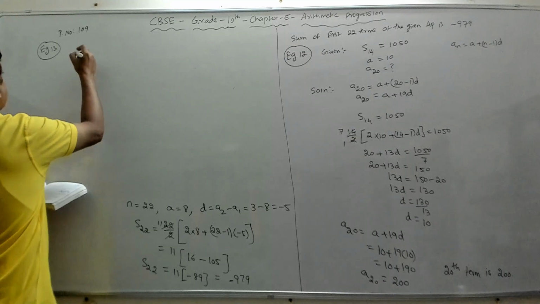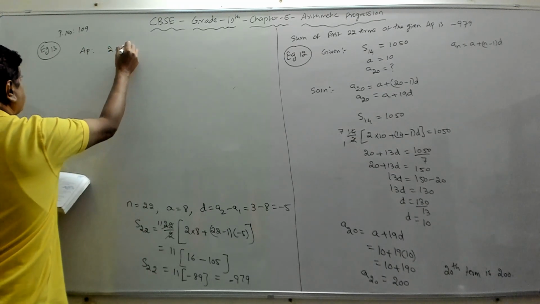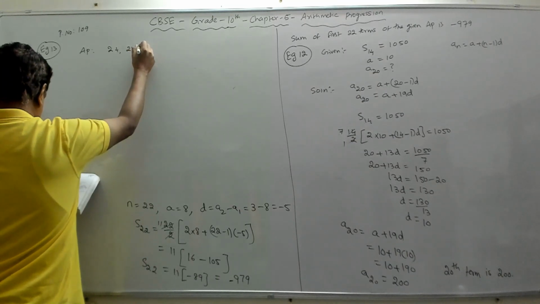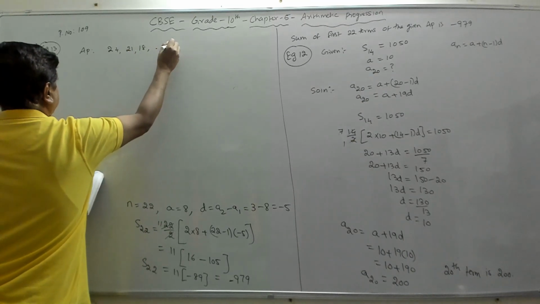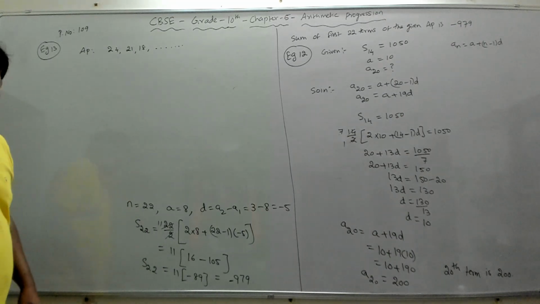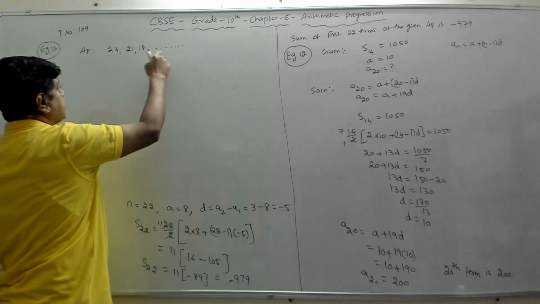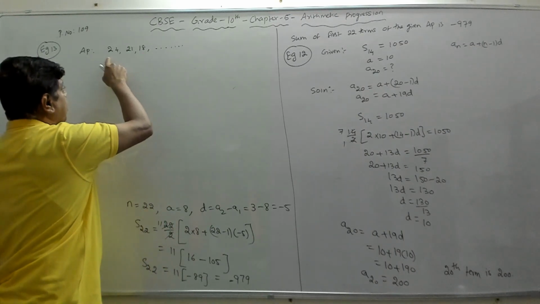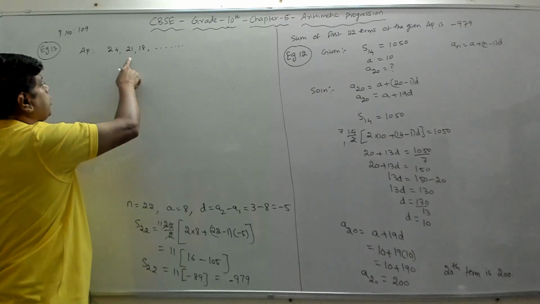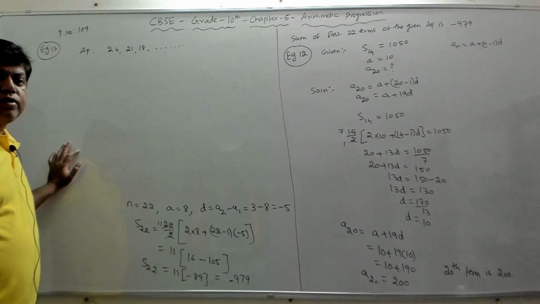The AP is given, which is 24, 21, 18, dot dot dot. Now the question is, how many terms must be taken so that if you add 24 plus 21 plus 18, the sum should be equal to 78.